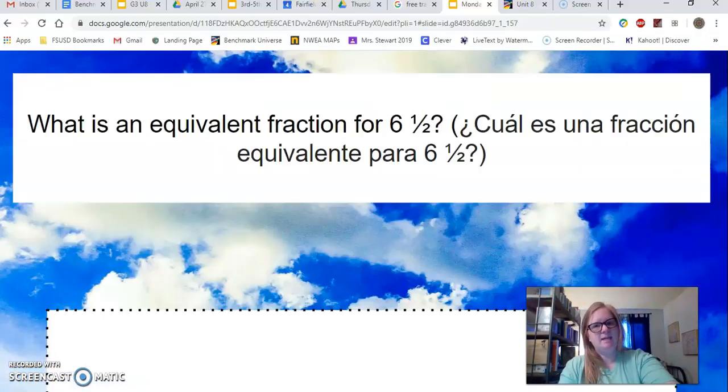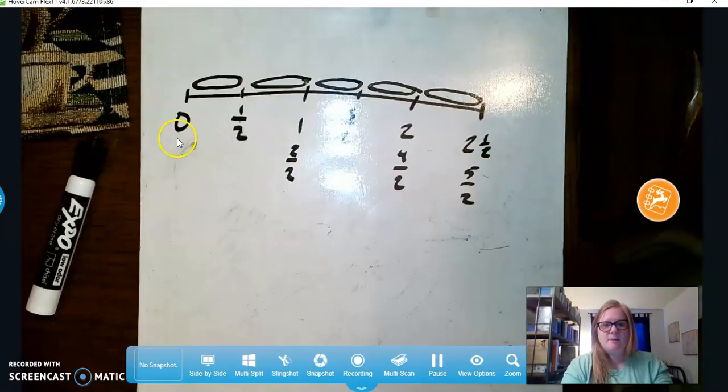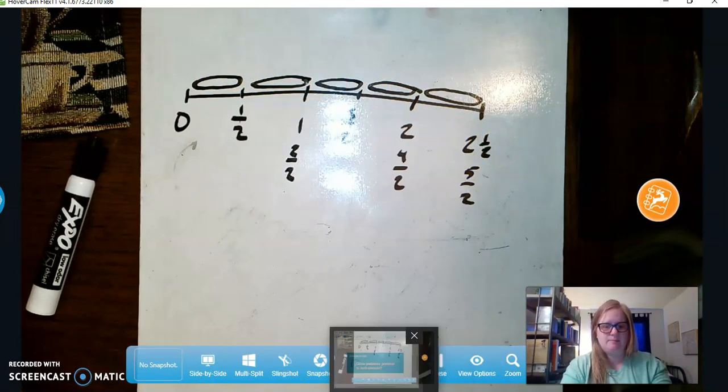And I'll give you a hint of how you know. It is because of this. If I'm going all the way to 6.5 instead of 2.5, how many halves do I need? So for instance, we knew that this is 5 halves. So what would be under 6.5? What would that halves fraction be?